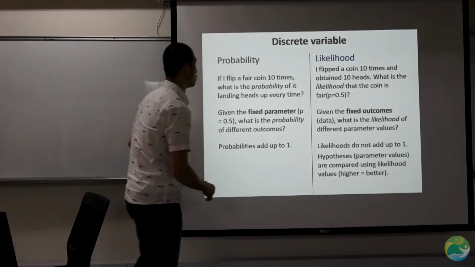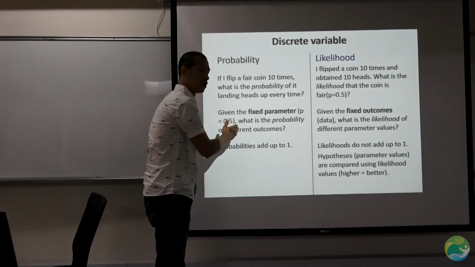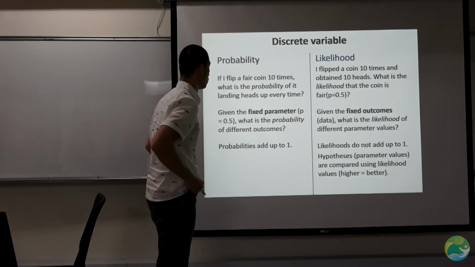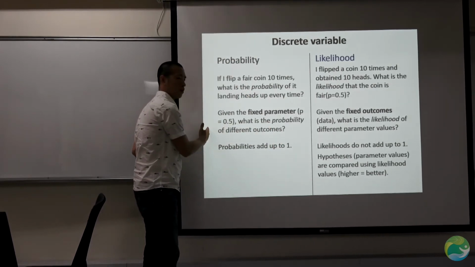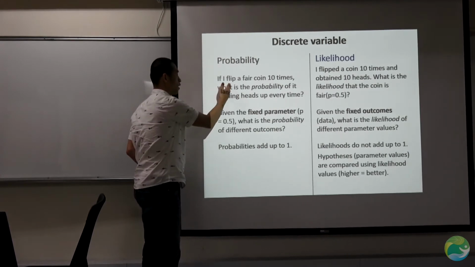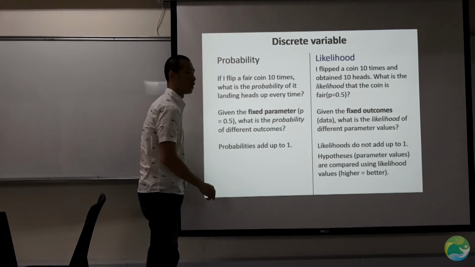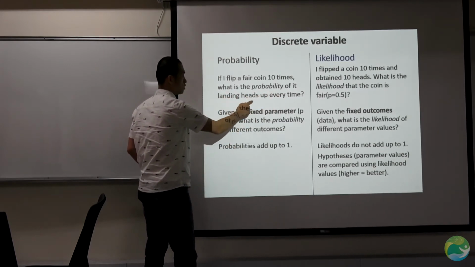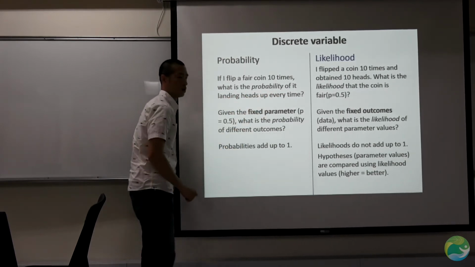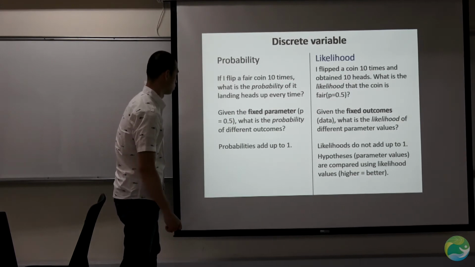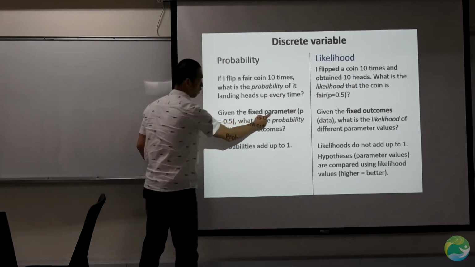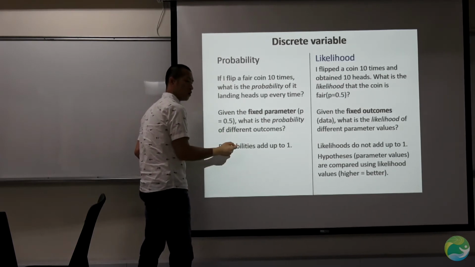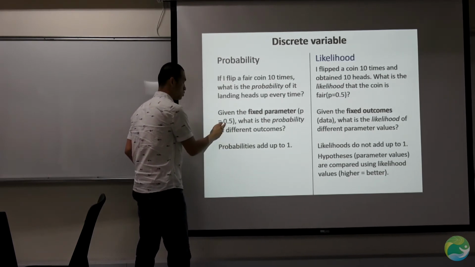So here I'm going to talk about probability and likelihood for the discrete variable. This side is the probability. If I flip a fair coin 10 times, what is the probability of landing heads up every time? Given the fixed parameter, a fair coin, we already know the parameter: P is 0.5.